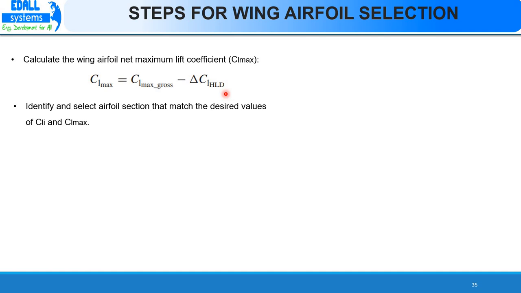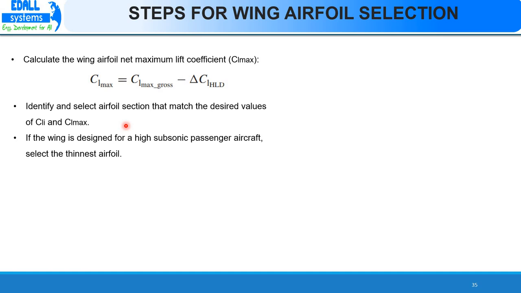Next, identify and select an airfoil section that matches the desired value of ideal lift coefficient CLI and maximum lift coefficient CL max. If the airfoil is designed for a subsonic passenger aircraft, then select a thin airfoil.